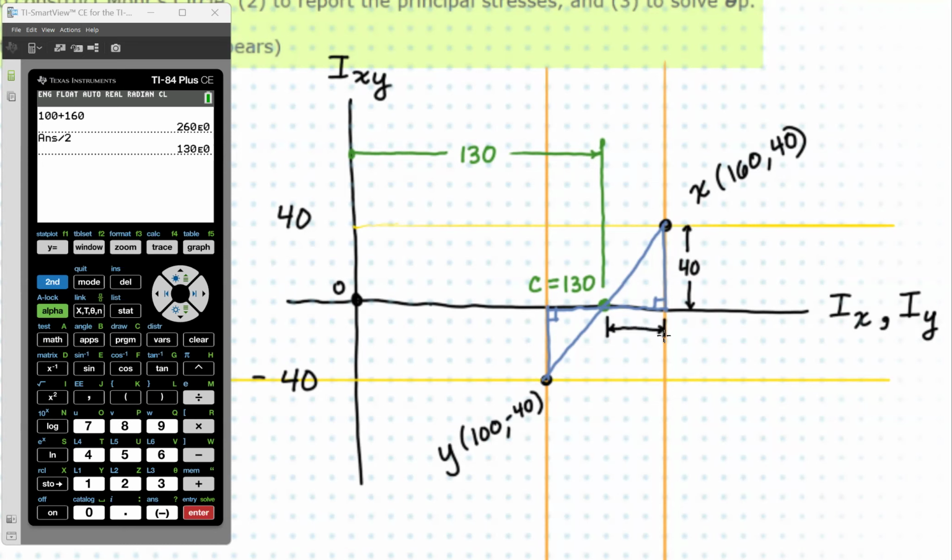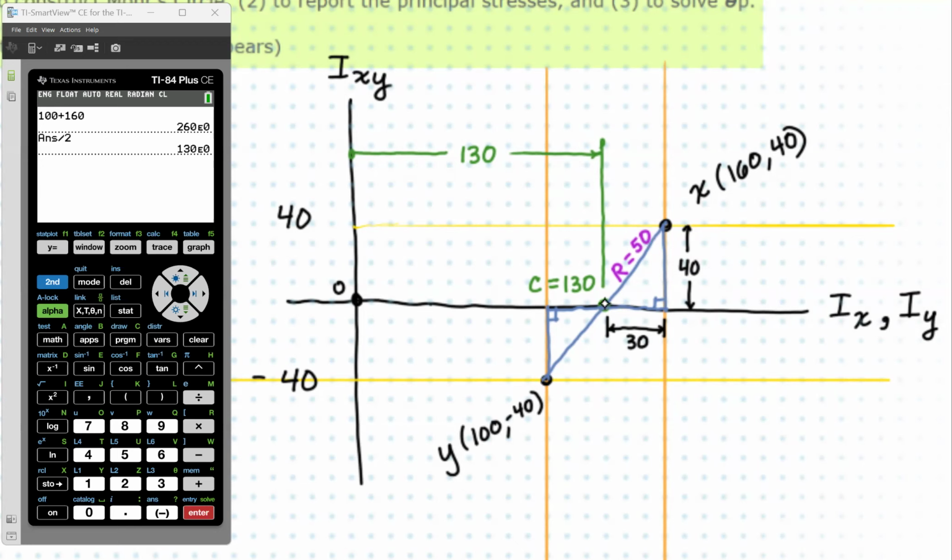So I could take 160 minus 130 to get 30, or I could take 130 minus 100 to get 30 for this one. Either one will work. So it looks like I've got everybody's favorite triangle, the 3, 4, 5. So my radius scales to 50 inches to the fourth.